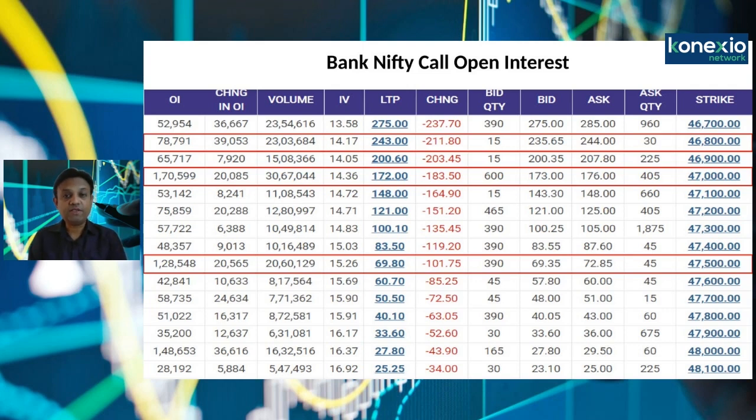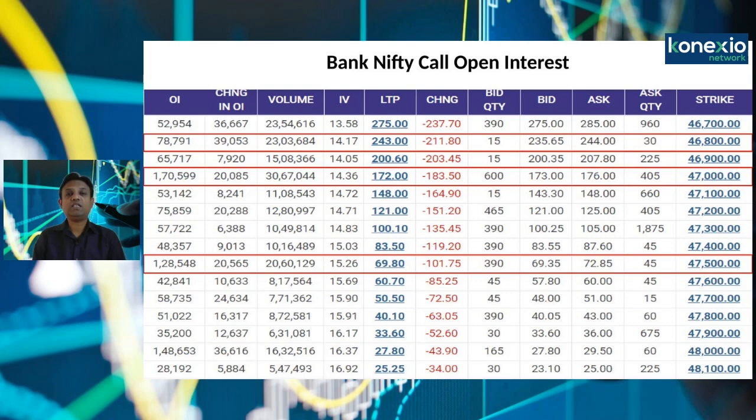If Bank Nifty closes above 46,800, and after that 47,000, then we might see a sharp short covering towards a level of 47,500. To be more precise, 46,800 would be the first area. If that is taken out, then we might see a sharp short covering rally in the next week.